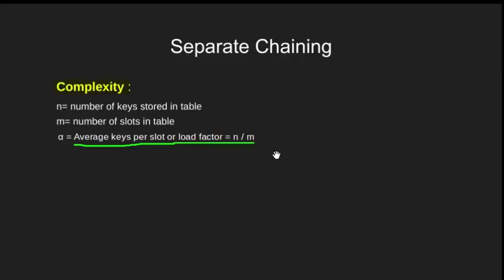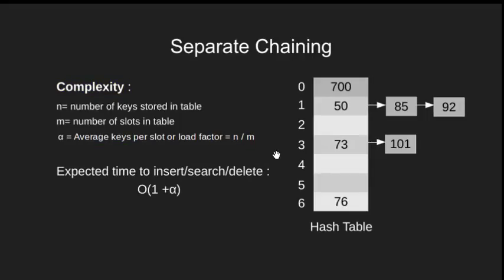So, the expected time to insert, search, or delete will be big O of 1 plus alpha. That is, pay 1 to apply the hash function and access the slot, and then pay alpha to go through the list.